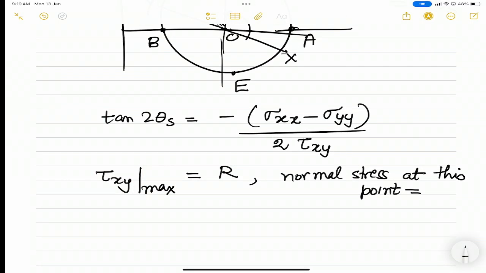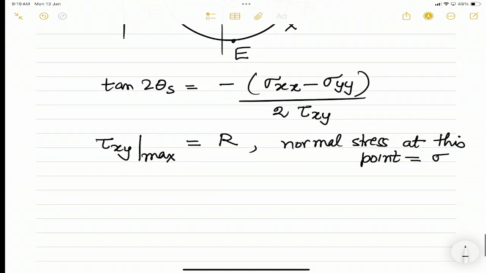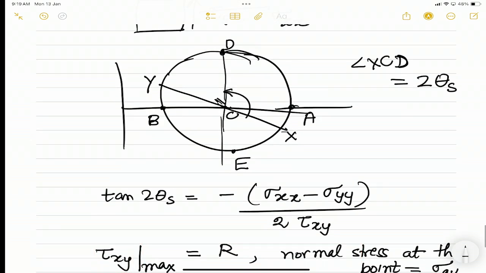It is equal to C. So this is equal to sigma average. And in a general case, what is the angle between theta s and theta p? For any state of stress, the plane where you have principal stress and the plane where you have the maximum shear stress will differ by 90 degrees on the Mohr circle. So that means 45 degrees in actual xy axes.